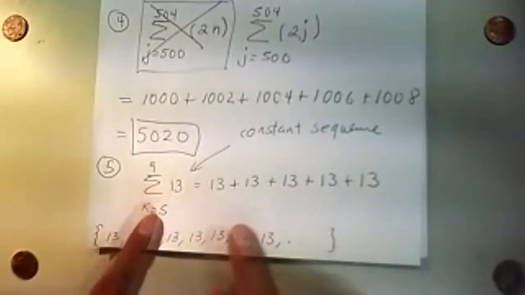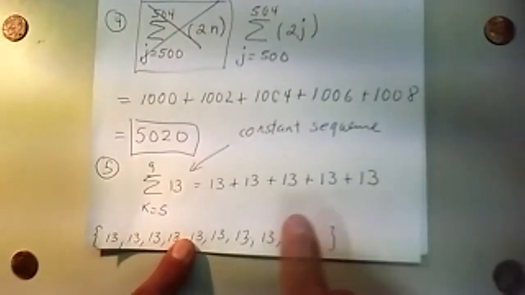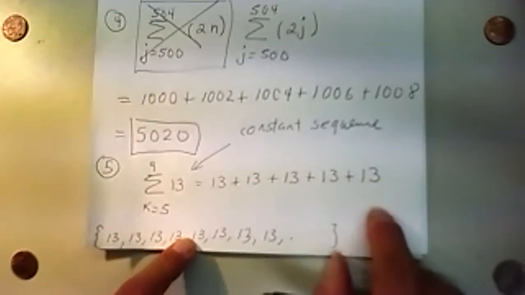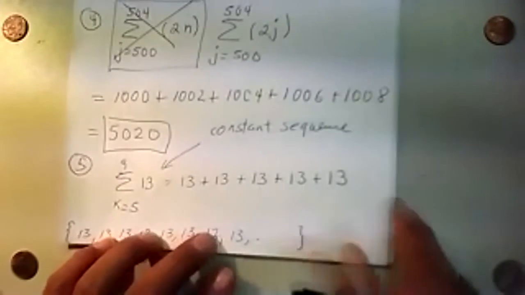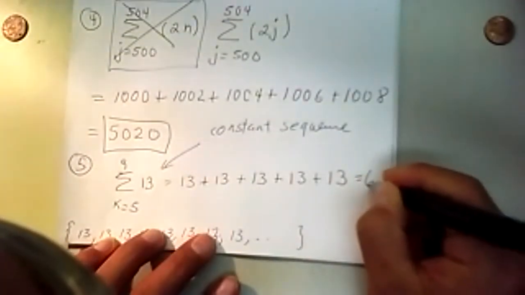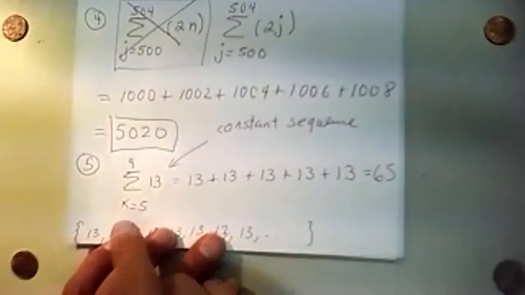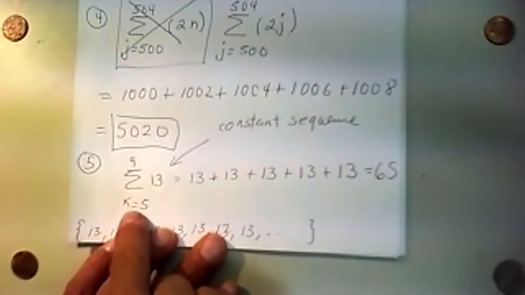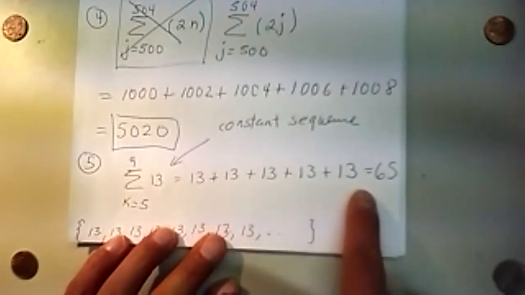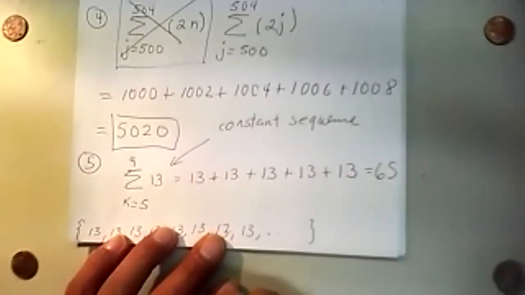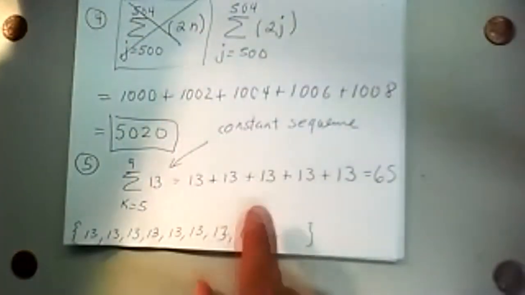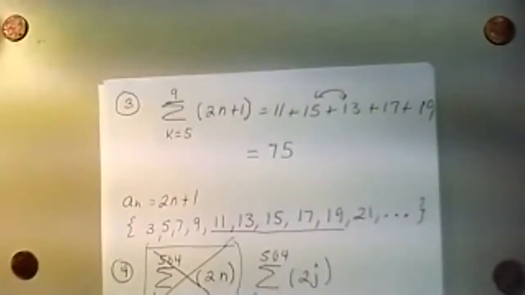So we are adding 13 this number of times from 5 to 9, which is going to be 65. Okay. So the sum of 13 from 5 to 9 is 5 times 13, which is 65. Yeah. Make sure you know how to do those examples.